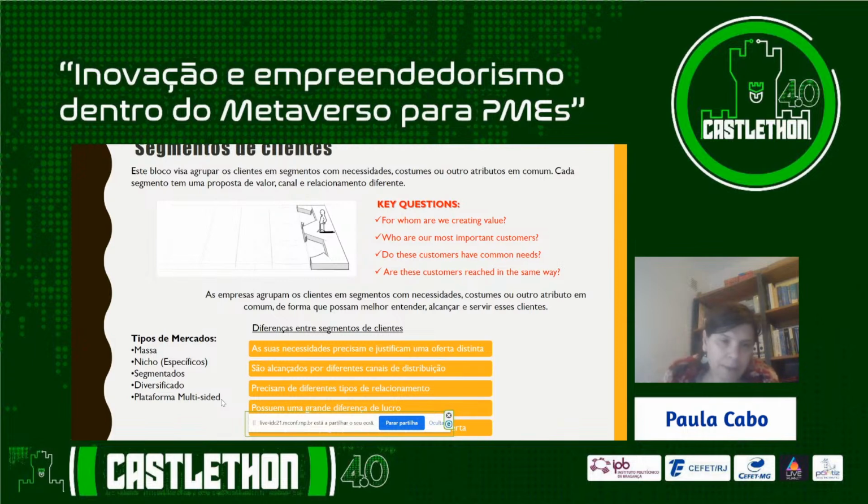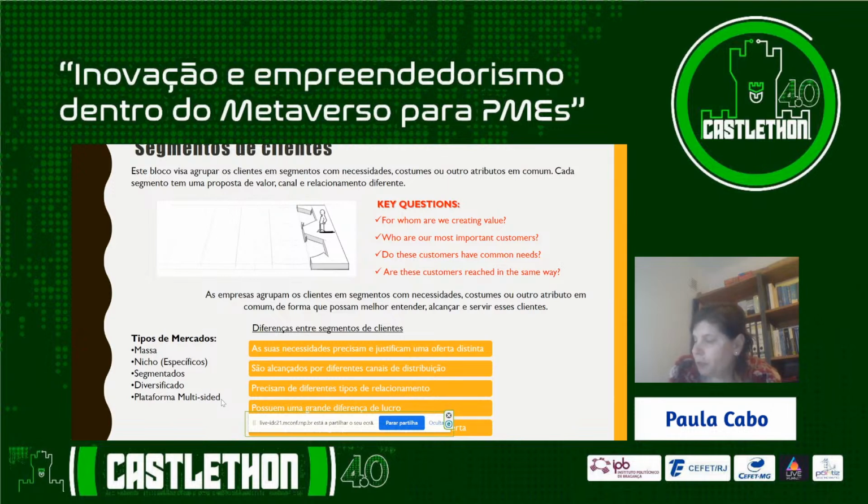We can also have diversified markets, when the company offers products to market segments that are not really related, are very different. And we can also have the multi-sided platforms.